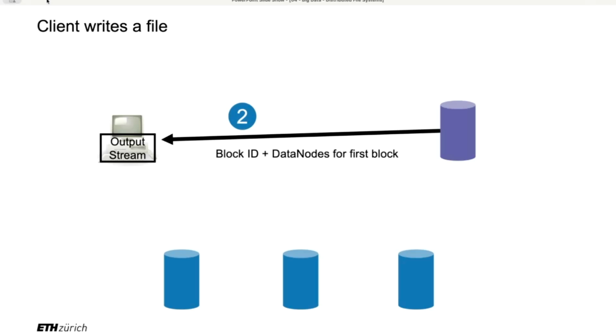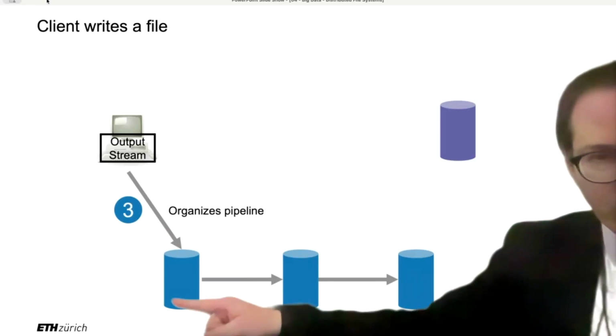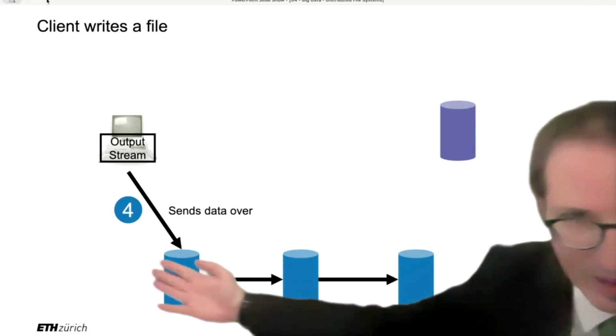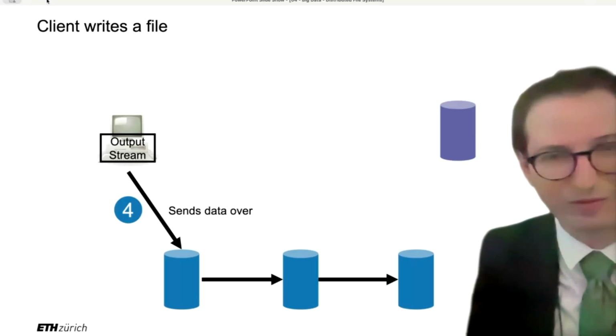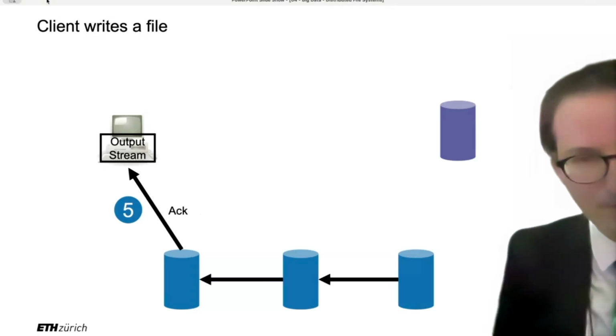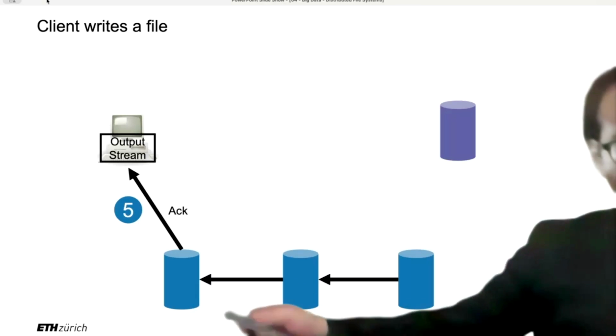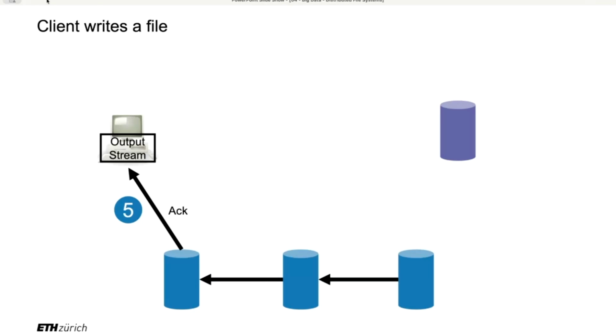Then the second block ID arrives, the new data nodes for the block arrive, and it's going to again organize a pipeline, send the data over, all pipelining through in network packets of 64 kilobytes, and then you receive the acks. When you have at least 1 ack for every network packet, you consider that you have reached this part. So this is your question about synchronous, asynchronous. It's synchronous until you have at least 1 ack for every network packet, and then it continues asynchronously all the way to 3, right?